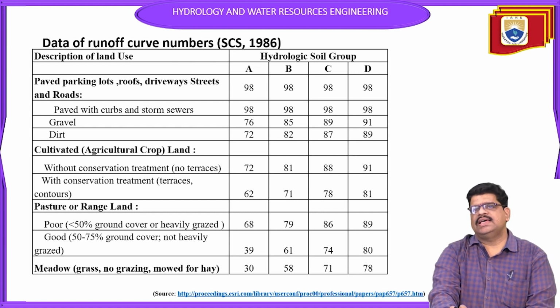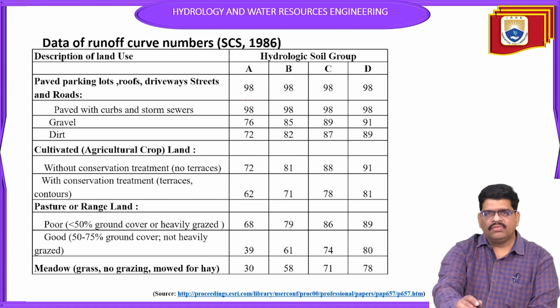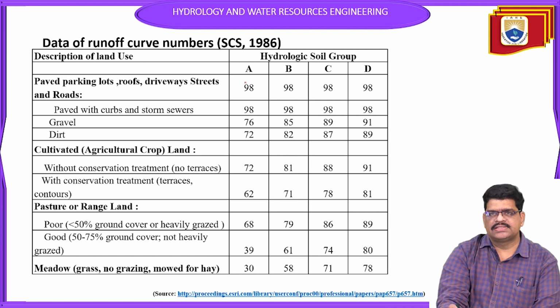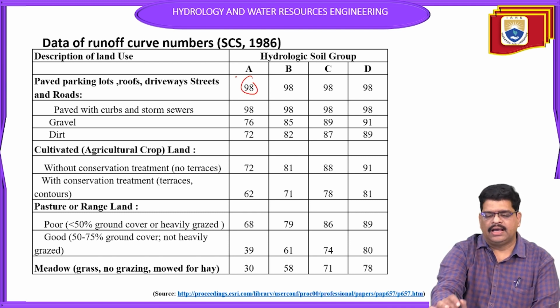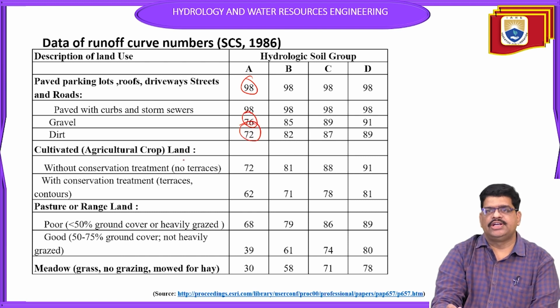So after the research, there are different types of soil, what we discussed previously: A, B, C, D. These are the bifurcation of the soil conditions, and again it can be bifurcated into different types. For example, for paved parking lots, streets and roads, if it is A type of soil, the curve number will be taken as 98, and gravel 76, 72.